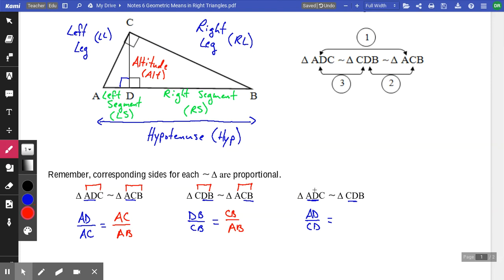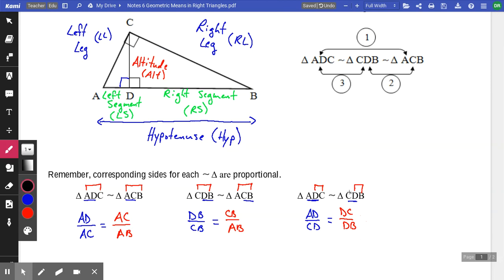Notice how this one also uses CD. It's just listed as DC here over DB here. But another case of cross multiplication taking something times itself, hence the geometric mean.